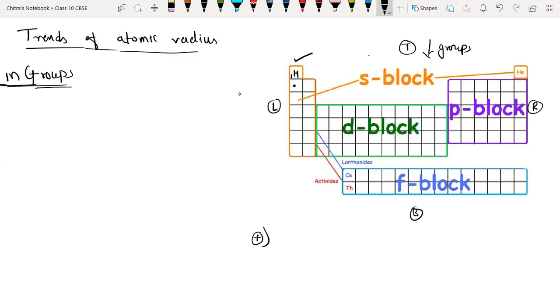We already understood that the number of the period represents the number of shells present in an atom. The second element in the group is lithium, with atomic number 3. So lithium will have 1 and 2 shells, here 2 electrons, and here 1 electron, as in hydrogen.